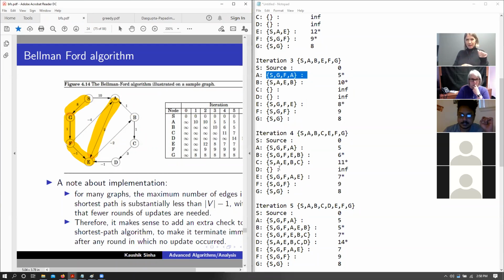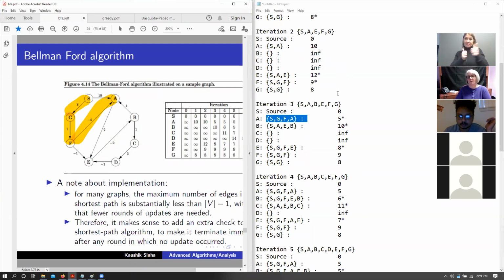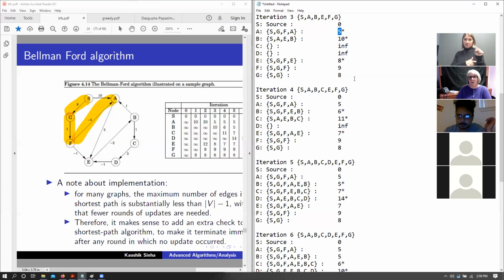Now since we have this new path to A, now wait, I've done something. Give me a second. Yes, S, G, F and A. Sorry. So now that we have this new path to A, that particular distance was 5.